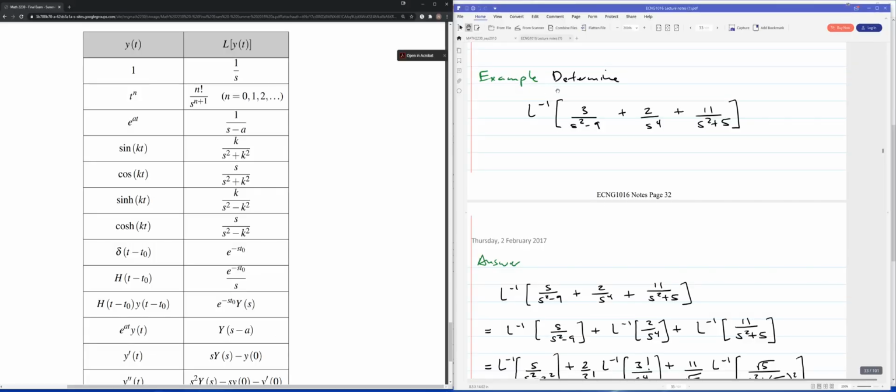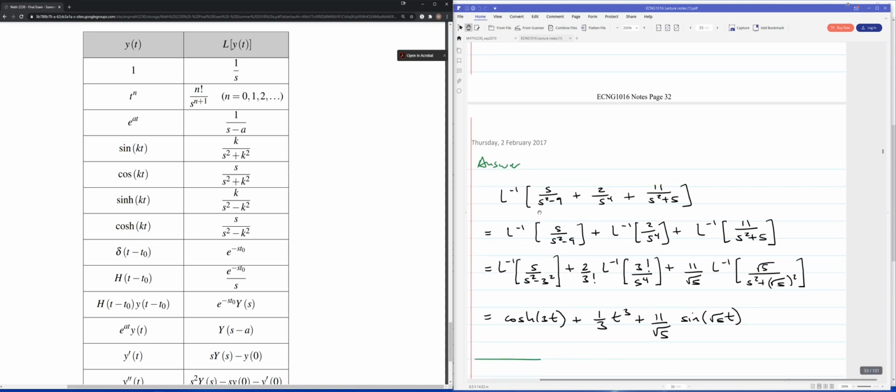Alright, so let's see an example of taking the inverse Laplace transform when I have a sum, and when I can pull constants out. So this is what I want to work out, the Laplace inverse transform of this sum over here.